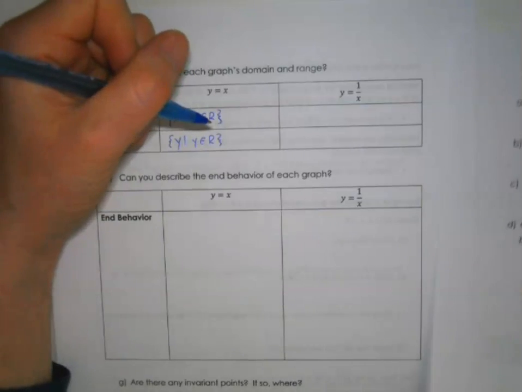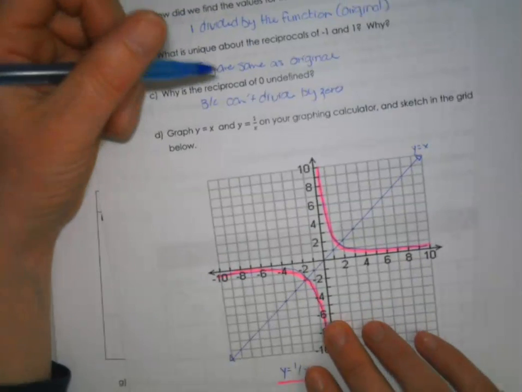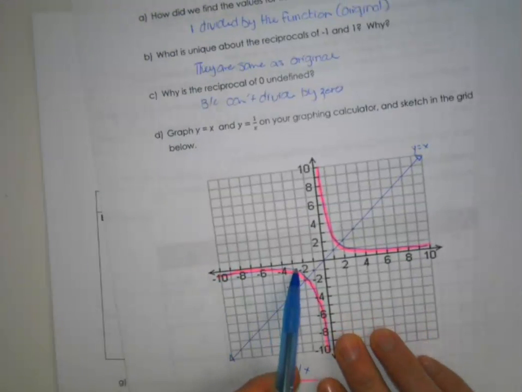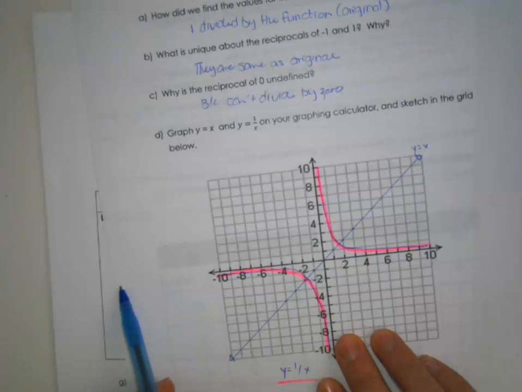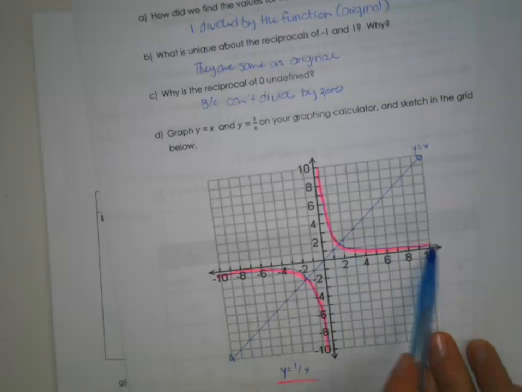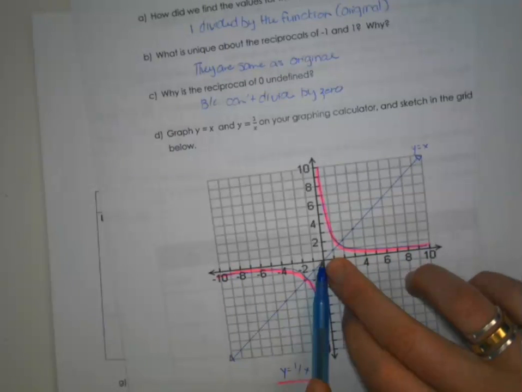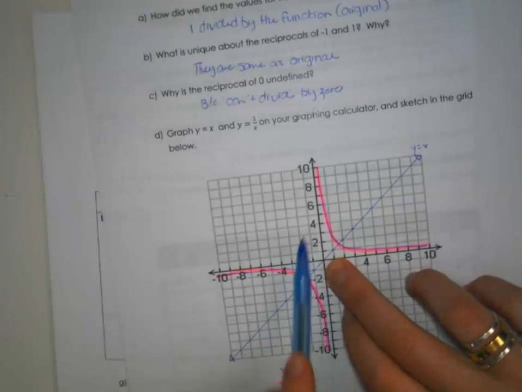What about for our reciprocal function? In this case, we see x could go on infinitely in the negative direction or infinitely in the positive direction. The only restriction is that it can never get to this 0 point on the x-axis.